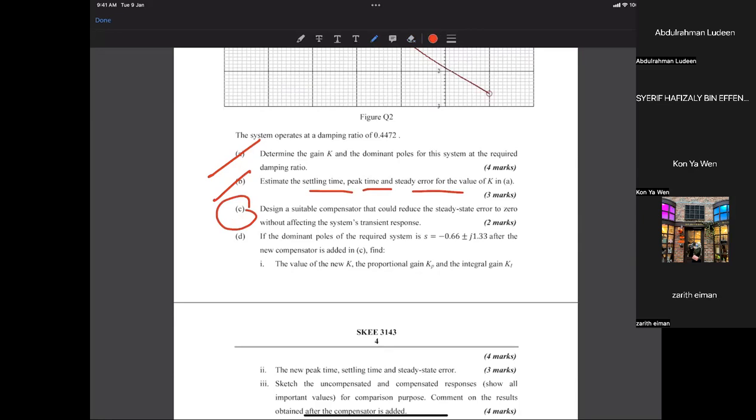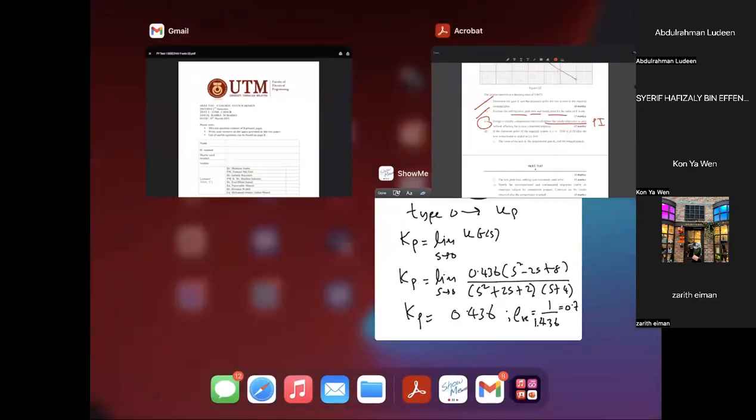P, PID, or PD? PI controller. So the answer is to use a PI controller, which can reduce the steady state error.